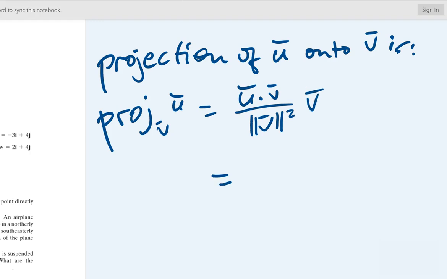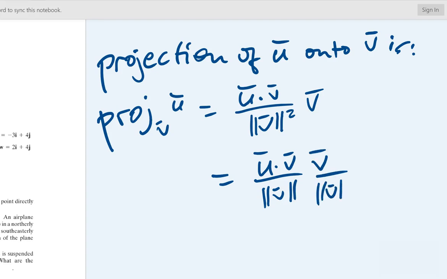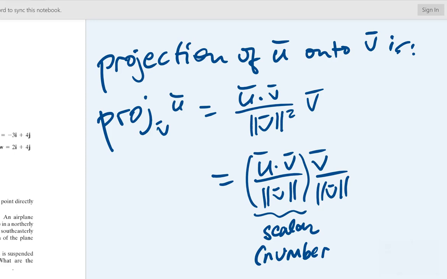Now sometimes they write it like this: u dot v over the length of v, times v over the length of v. So this in front here is a scalar, or if you want, that's another word in vector theory for number.